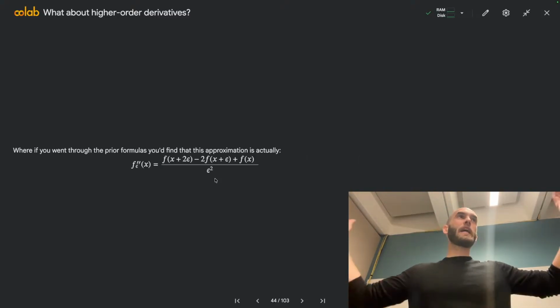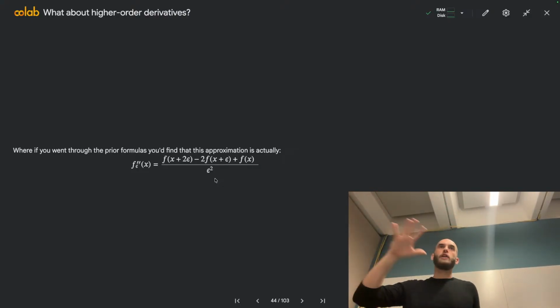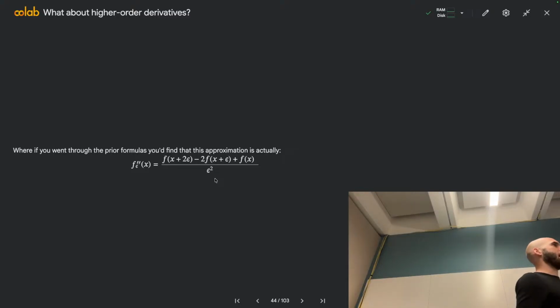If we plug everything in, we know what the derivative function using epsilon is. We get f of x plus 2 epsilon, using the original definition of f prime with the epsilons, minus 2 times f of x plus epsilon.